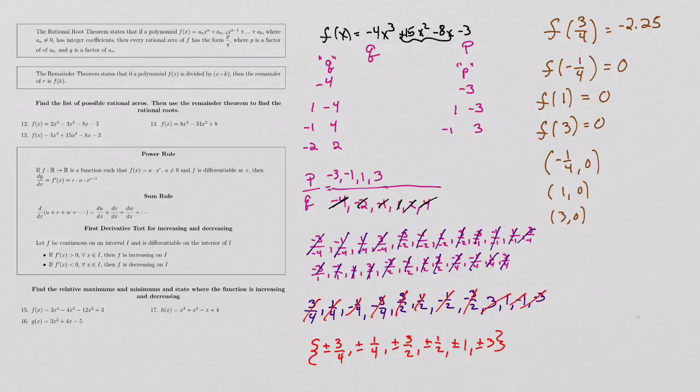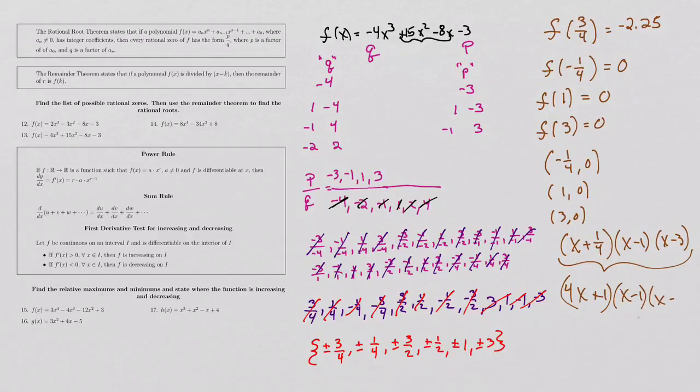But more importantly, I can write these as x minus 1/4, well, plus 1/4, so we have to change our signs, times x minus 1, x minus 3. Having this right here is going to be our factors that we can actually use to graph. Now it looks a little weird. You can rewrite x plus 1/4 as 4x plus 1 times x minus 1 and x minus 3.